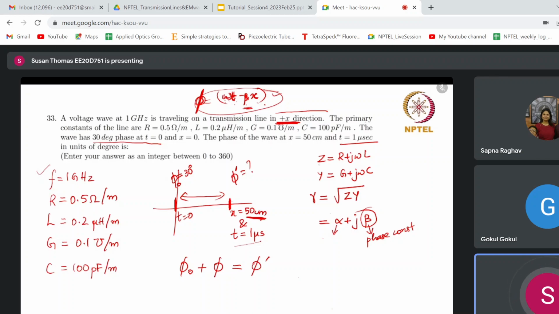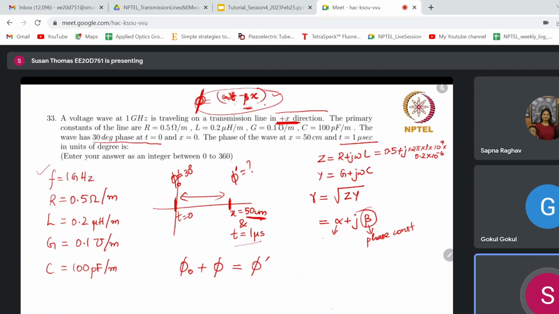Okay, so now let us solve it one by one. So how do we calculate Z? R plus j omega L. 0.5 plus j omega, which is 2 pi f. So 2 pi into f is 1 gigahertz, 1 into 10 power 9, into L, which is 0.2 into micro, 10 power minus 6.